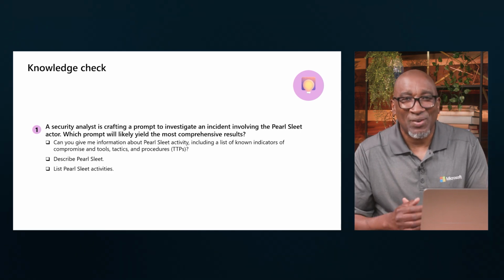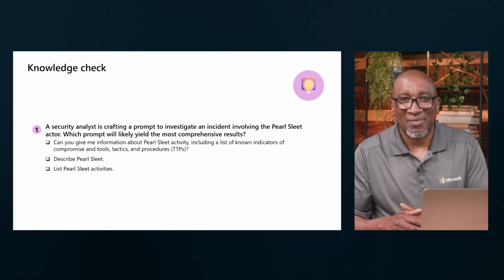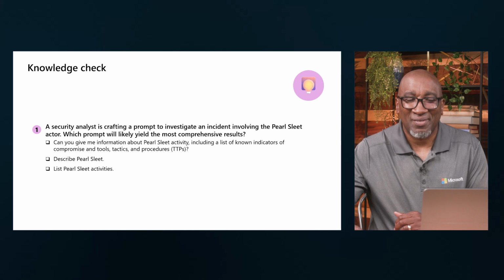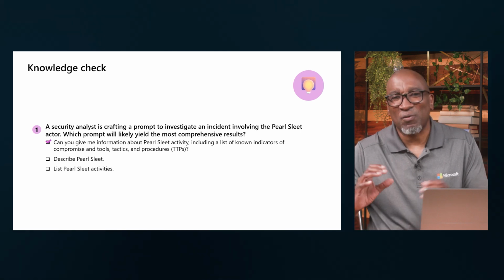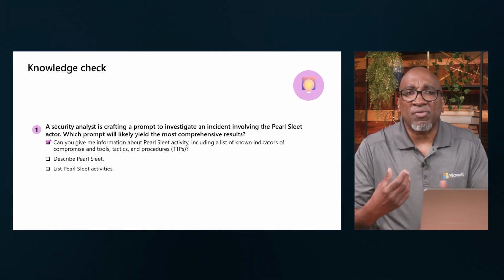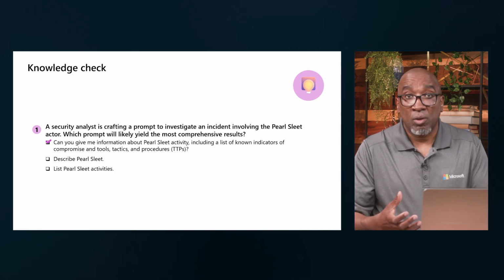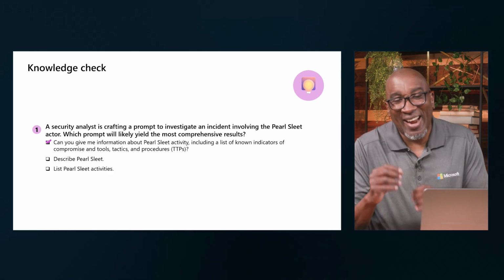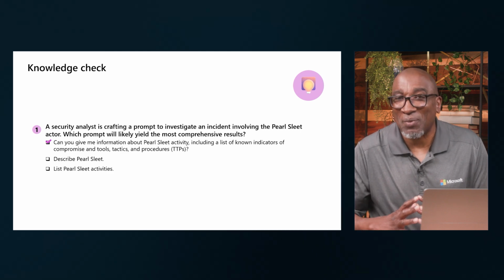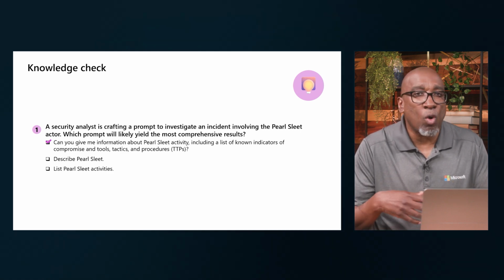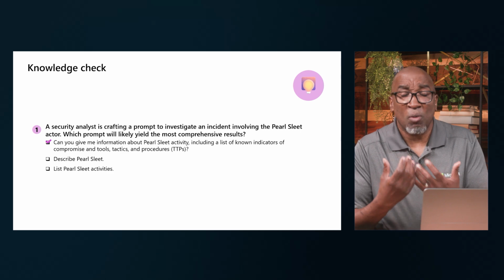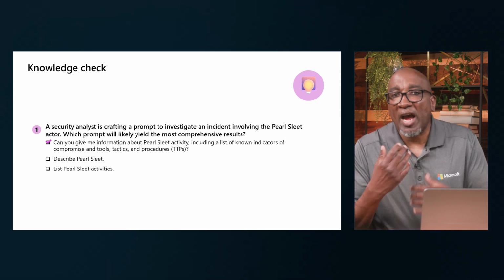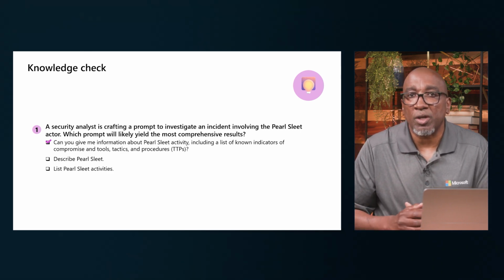I'll pause while you think about your answer. Yeah, the first one. Don't be afraid of being verbose, but don't be overly verbose. That's a little bit of the art of crafting prompts. But the more information you give Copilot for Security, the more effectively it can respond to the prompts you use.